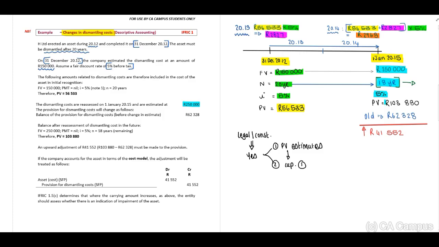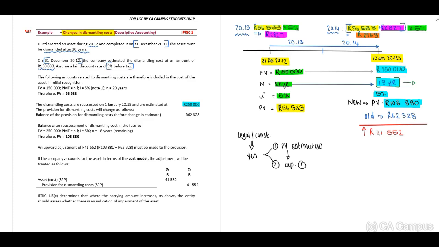This will be 103,880. Therefore, this will now be our new provision amount. This will be the provision amount that has to be included in our statement of financial position on 1 January 20.15.